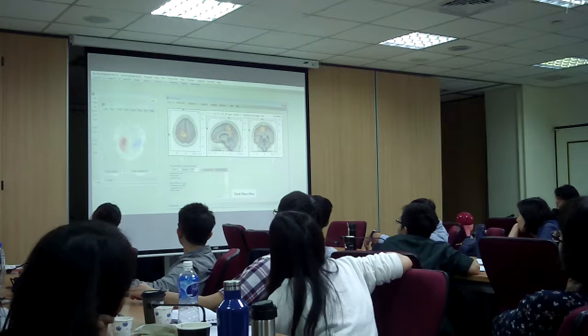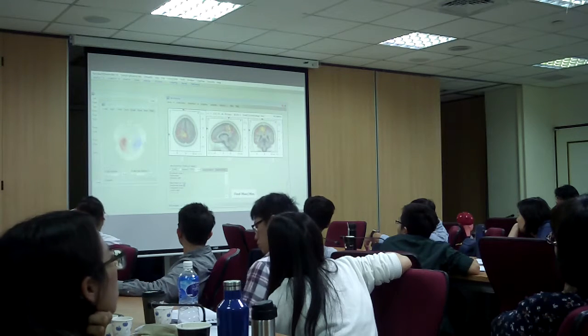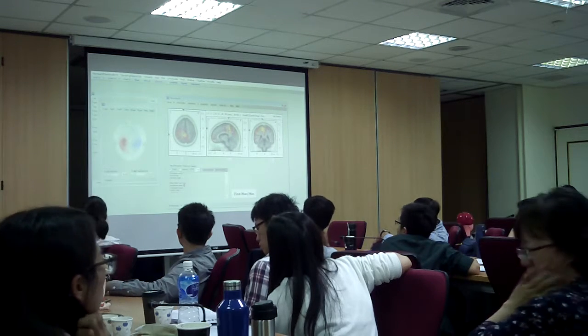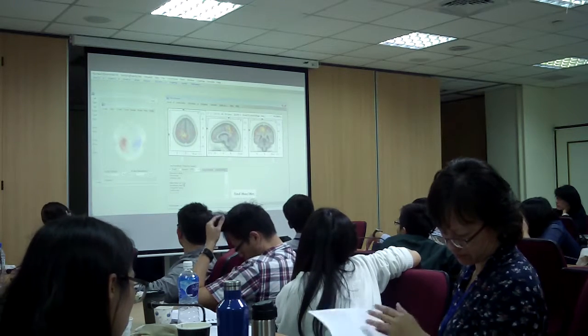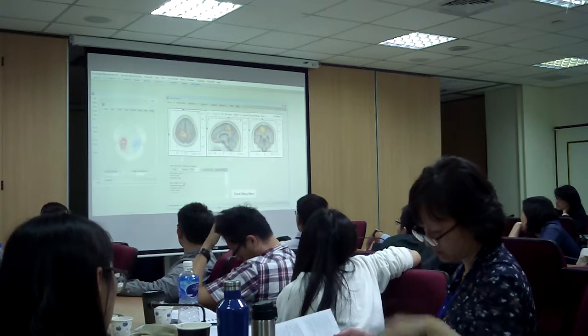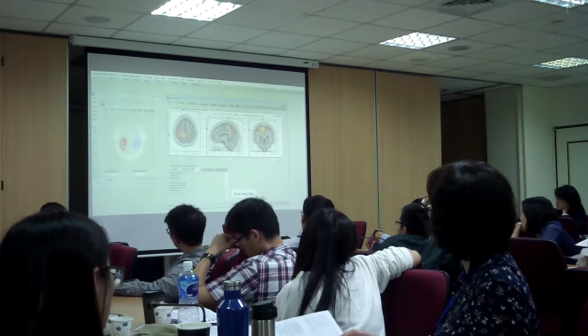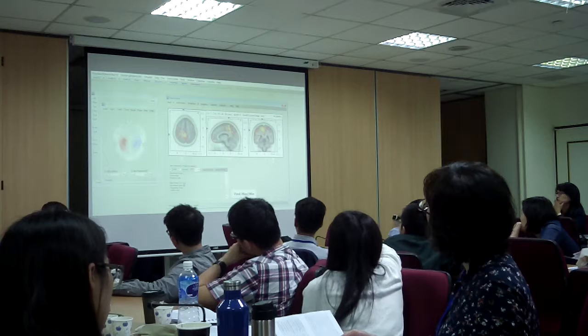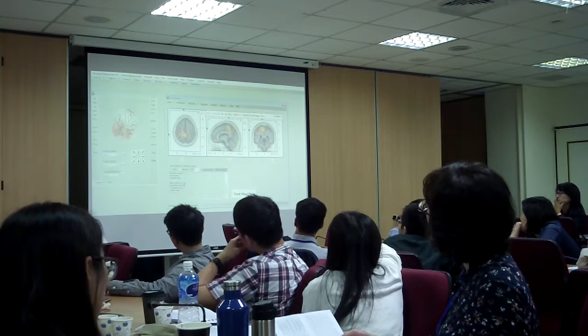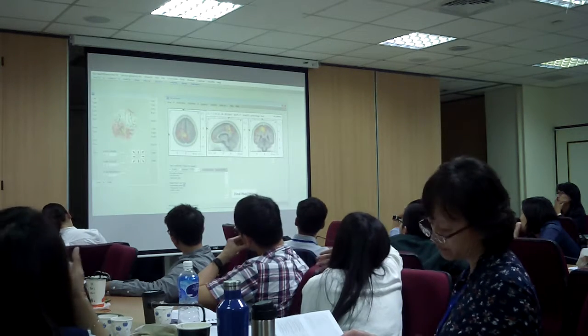So we have additional confirmation of the Brodmann areas being affected, right? And as you can see, the red here is showing us the area of significance. I'm going to close this, and I'm going to close this.